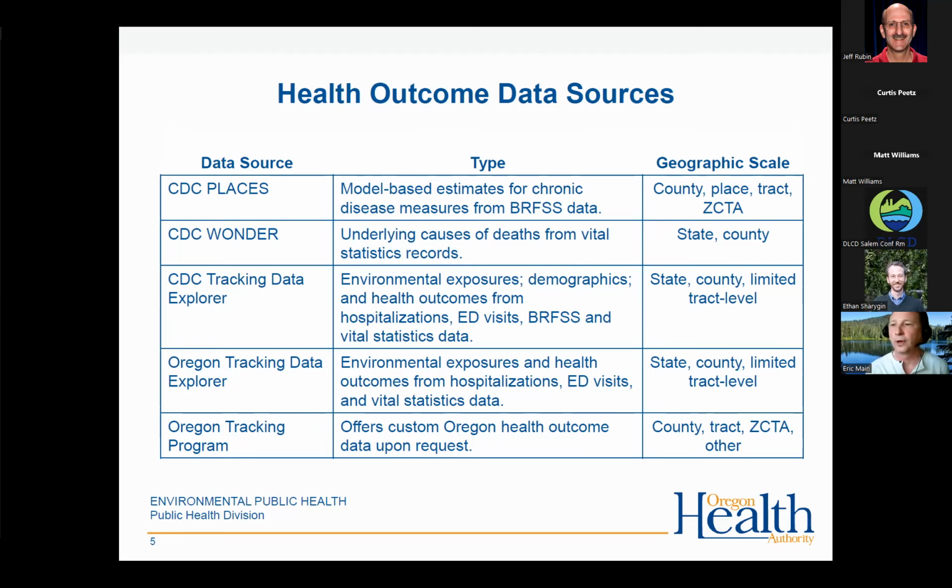And one way that we are able to get around that is by aggregating 5 years of data together. And so we have access to ED visits, hospitalizations, syndromic surveillance data, and vital statistics.